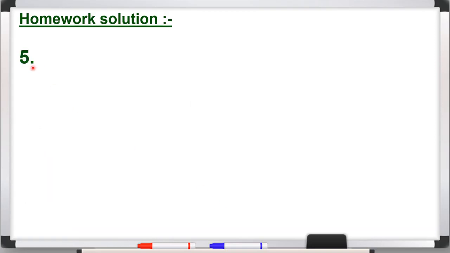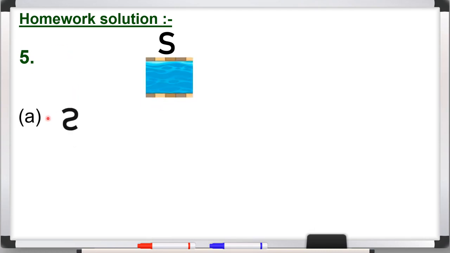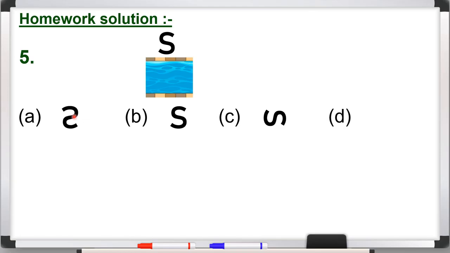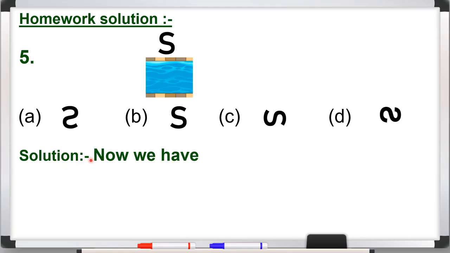Now question number 5. Here it is given alphabet S and this is the water. Now we have to see what options are given. A like this, B like this, C like this, and D like this. Now we have to see which option is correct. So solution.